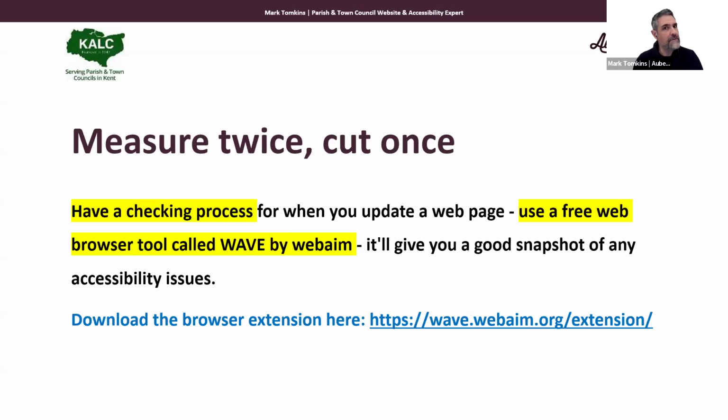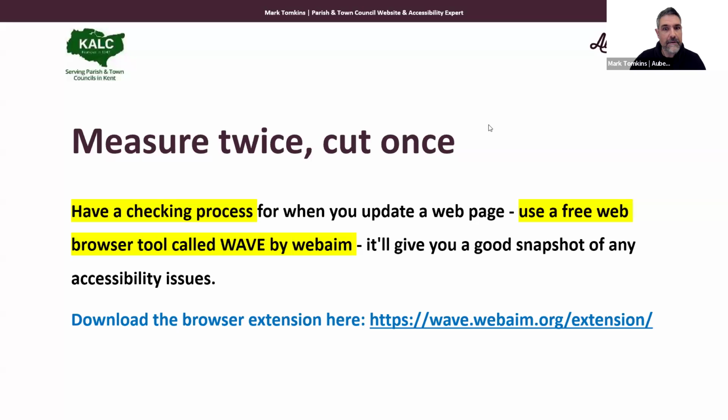Now, you might not be able to do anything about those issues that it finds, but at least you are aware, and you can then go to your web person or Aubergine to help you resolve those. But this will help you on a day-to-day basis when you are updating and adding new content to the website.